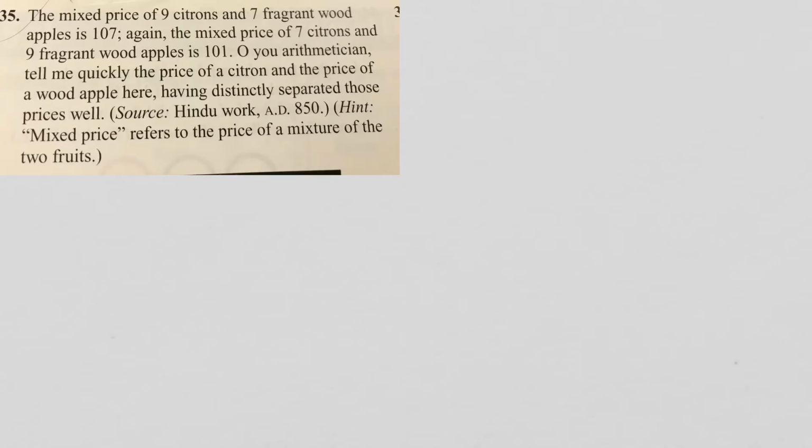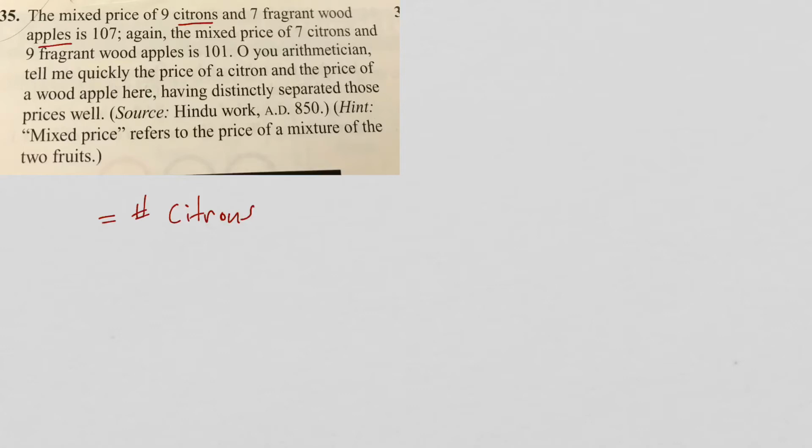Okay, so our right side of the heading, it looks like we have, how many different things? We have citrons, fragrant wood apples, call it apples, and actually that's it. Okay, so I'm going to say equals number of citrons and equals, oh, not number, price of.